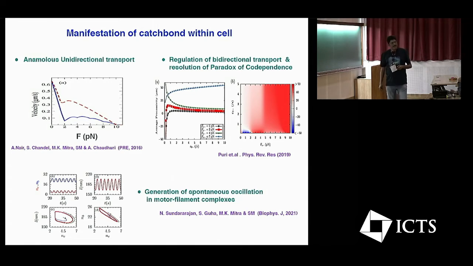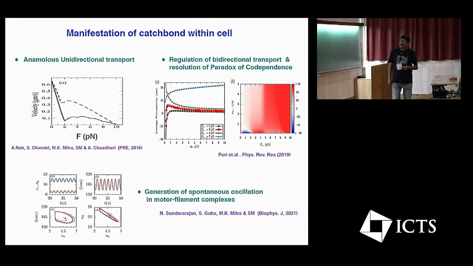Indeed, some of the model predictions from our theoretical analysis are a plausible way of resolving one of the long-standing paradoxes which goes by the name of the paradox of codependence. These are in the context of intracellular transport.